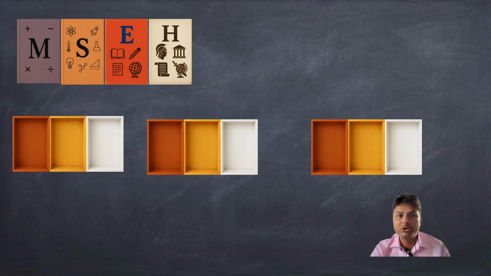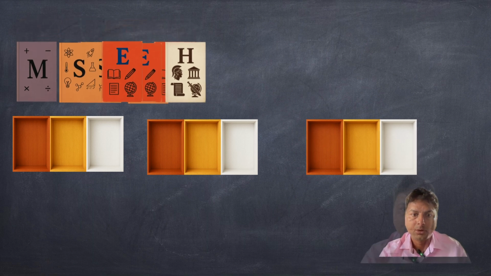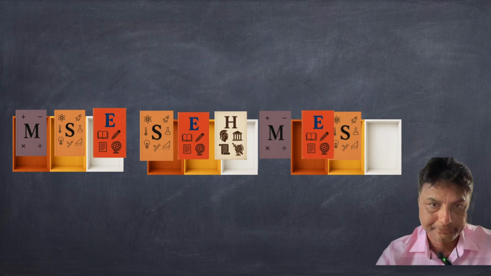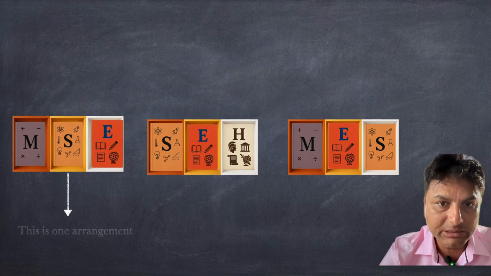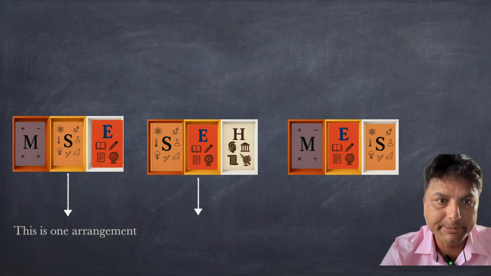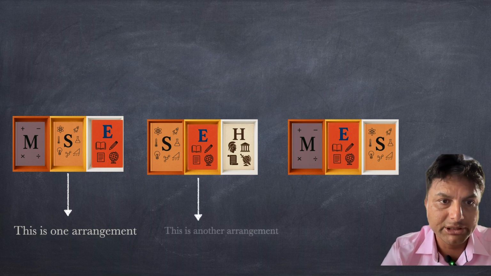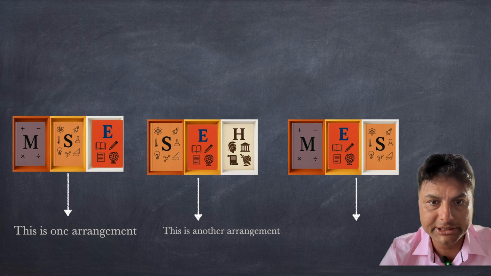Here we are going to present first some examples to understand actually what we are going to do. These are the possible arrangements. This is one arrangement, this is another arrangement, and this is another arrangement.